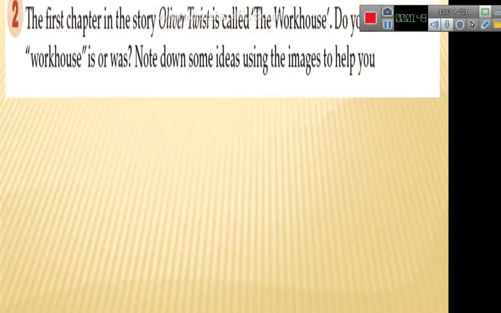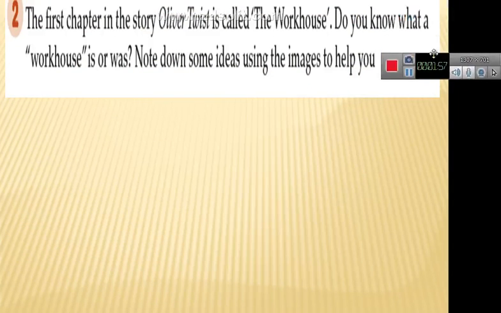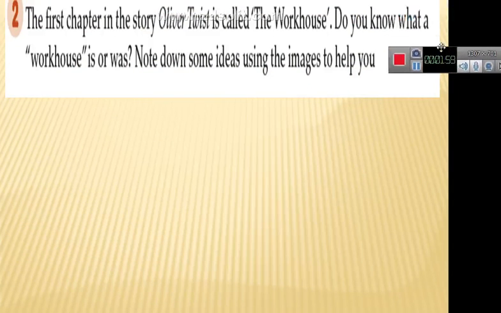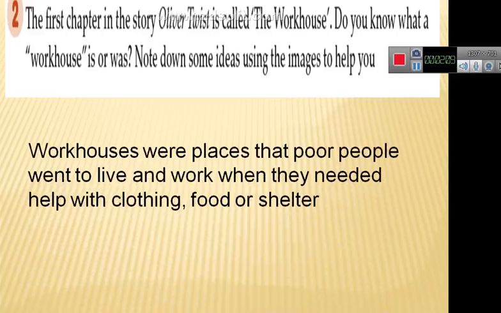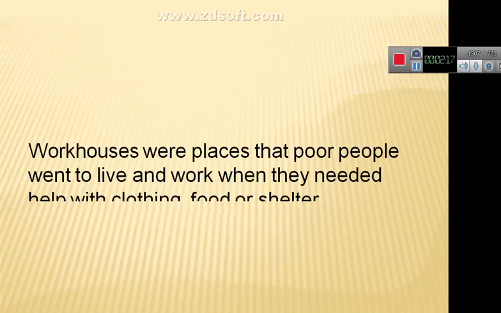Okay. The first chapter in the story, Oliver Twist, is called The Workhouse. Do you know what a workhouse is or was? As we know before, the workhouse is the place for poor people, where poor people went to live and work when they needed help with clothing, food, or shelter.